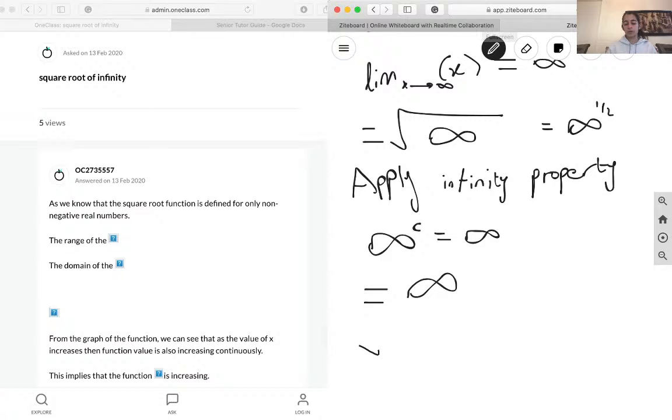So to sum it up, the square root of infinity is equal to infinity.